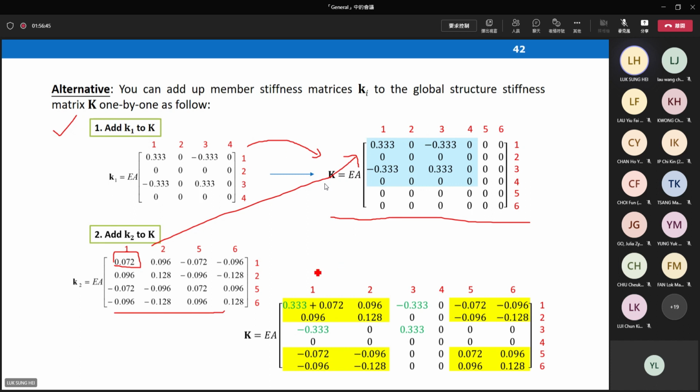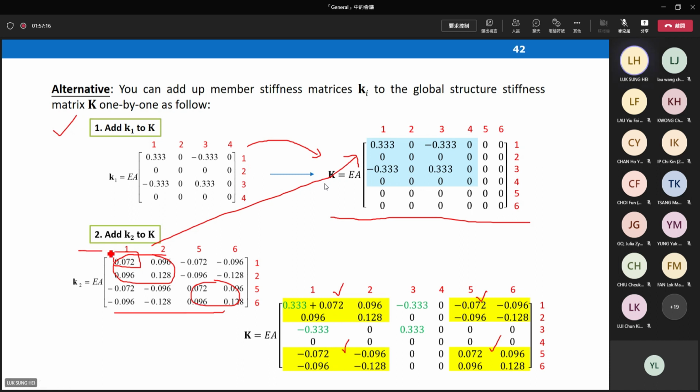Element 2 consists of code numbers 1, 2, 5, 6, or a mixture of them. So when you combine element 2 into element 1, only in the yellow region do you need to do some calculation, because they overlap at code numbers 1, 2, 5, 6. Code numbers 3, 4 do not appear for element 2.